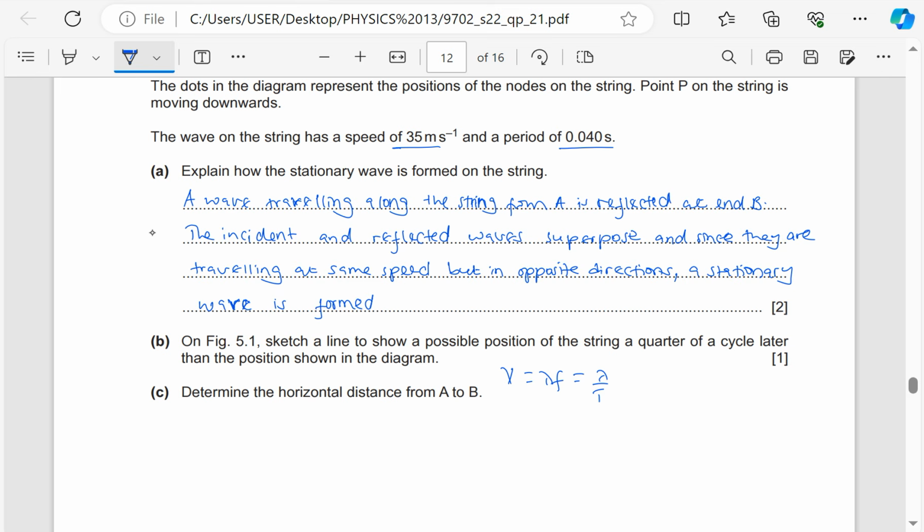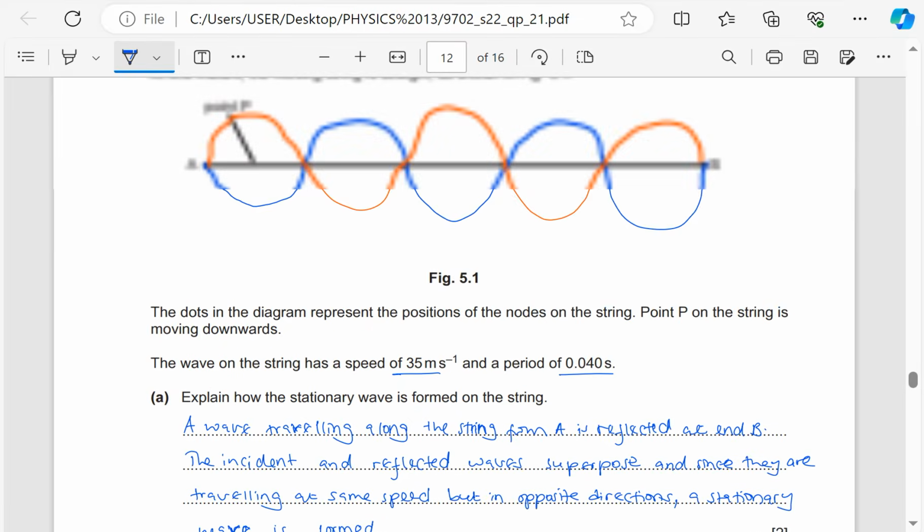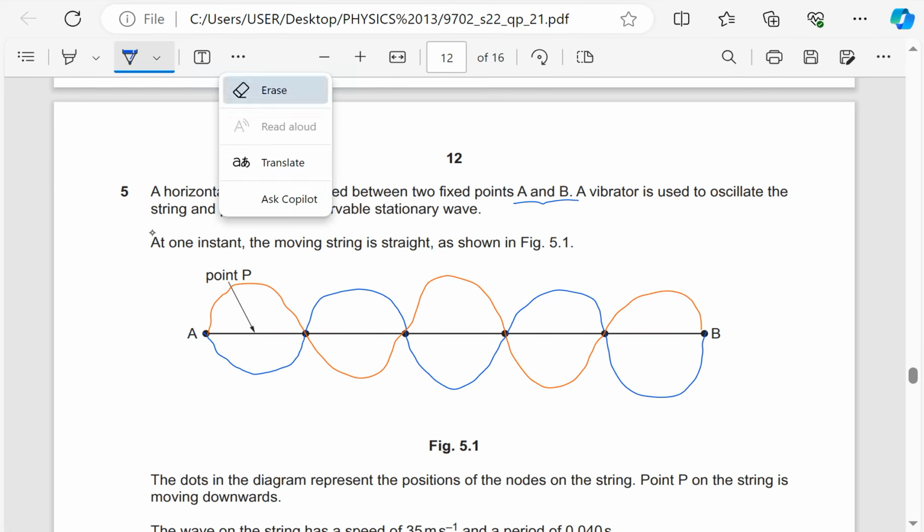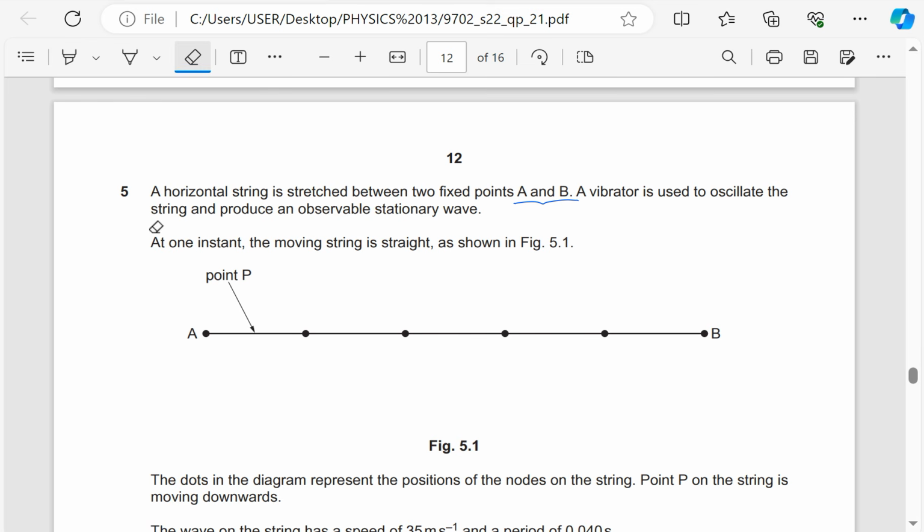On the figure, sketch a line to show a possible position of the string a quarter of a cycle later than the position shown in the diagram. So I have to rub off these first.